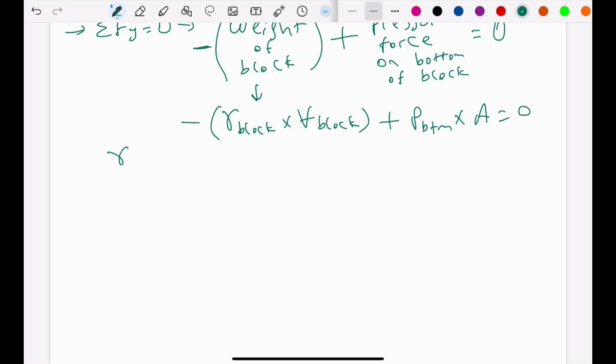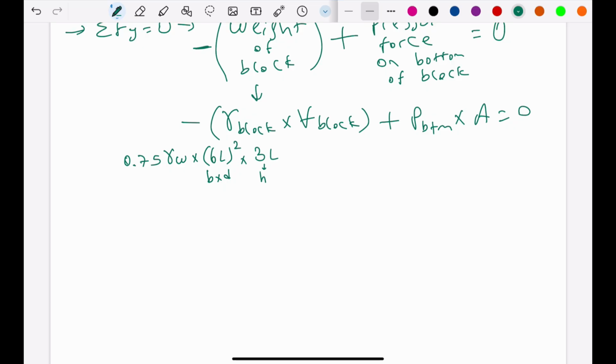So let's write 0.75 specific weight of water times 6L squared, which is B times B, or the width times depth times height to calculate the volume. And this will be minus.